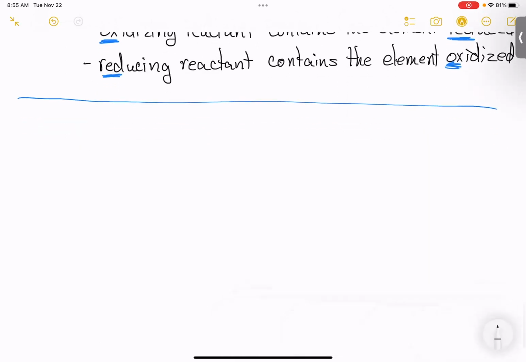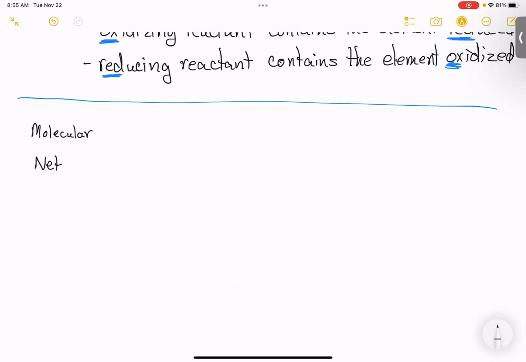So just as a reminder, I'm going to write up the molecular and the net ionic equations, because those two will help us answer these questions.